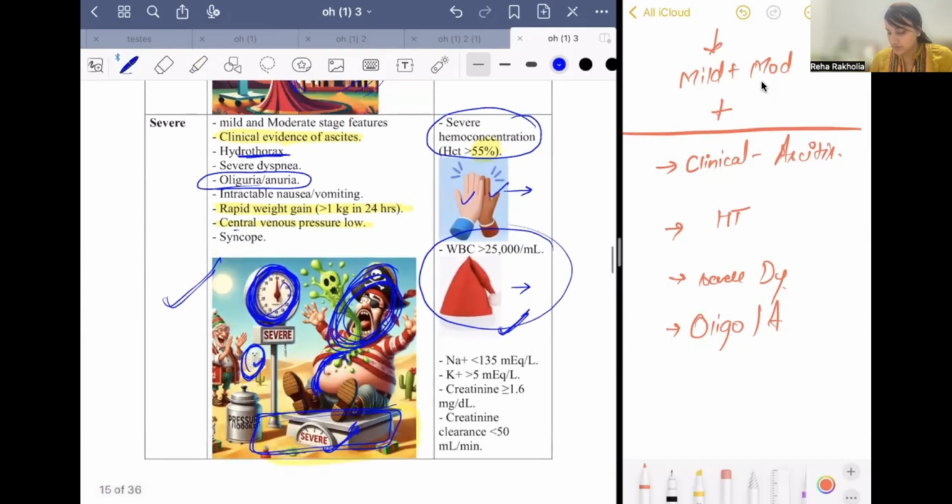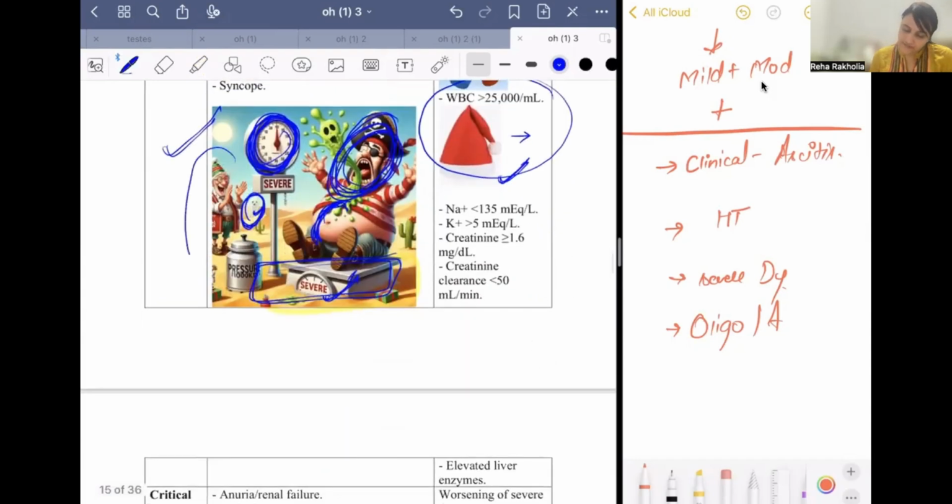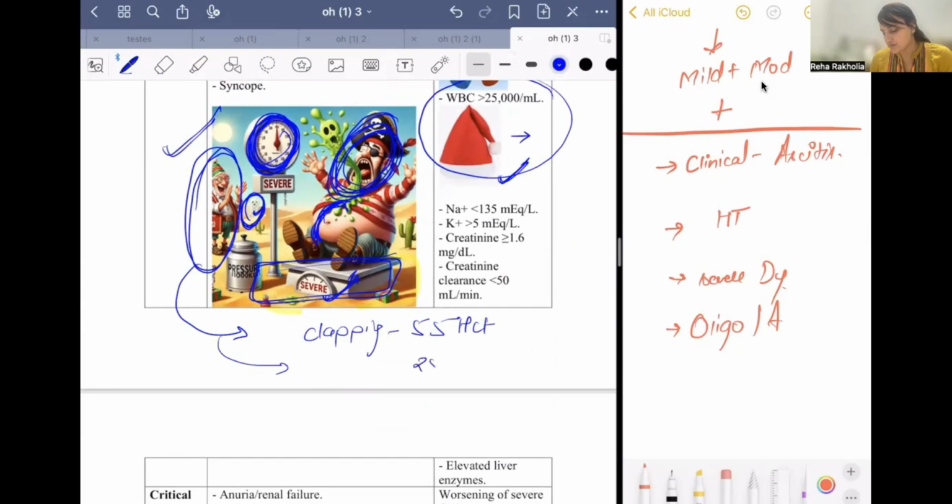And with all this, can you see here, one man is clapping with both hands wearing a Christmas dress. Means hematocrit will be more than 55 here, since we remember clapping for 55. And Christmas dress means WBCs will be 25,000. This picture mnemonic, if you can remember the symptoms and all.